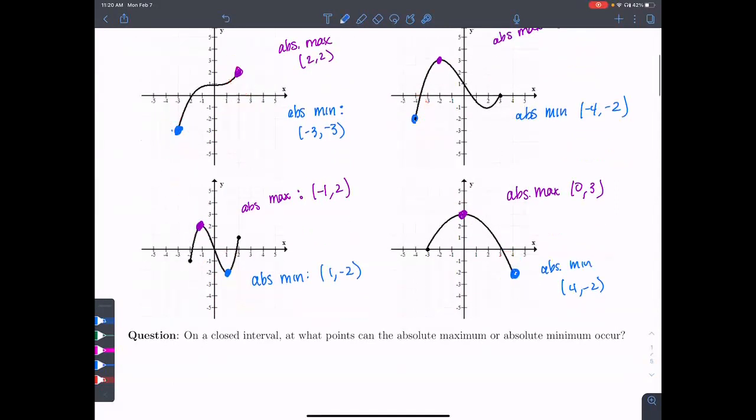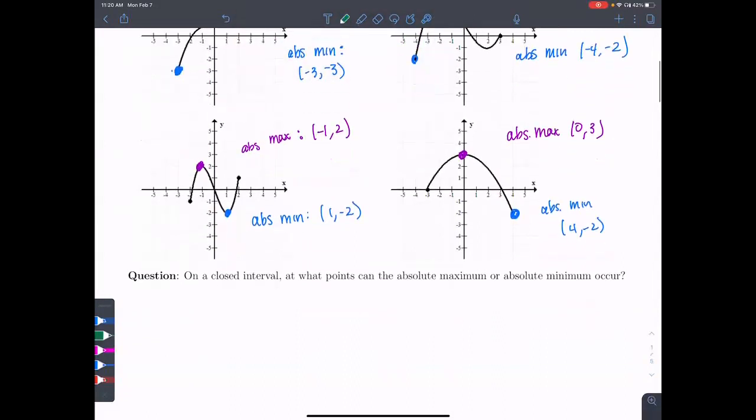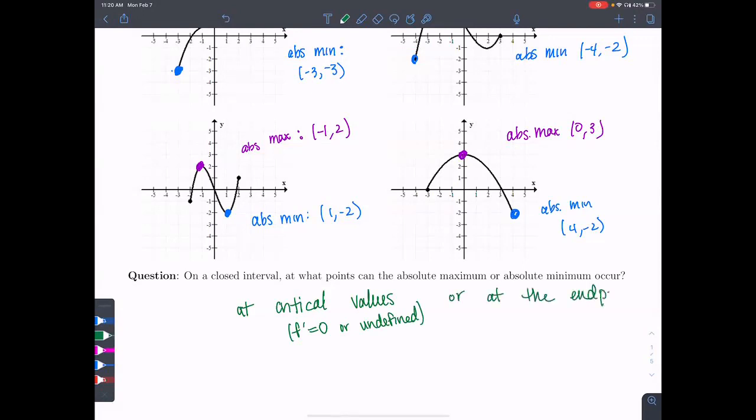So these absolute extrema can happen at any critical values or at the endpoints of the interval. Critical values, remember, is where f prime is 0 or undefined. So at critical values or at the endpoints of the closed interval, that's the difference here.